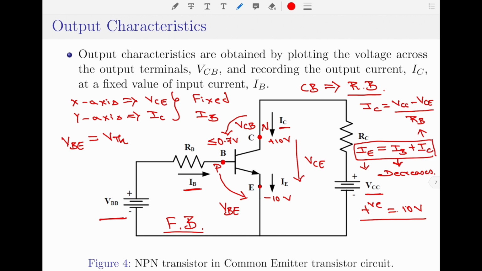Let us now discuss what will happen if the value of IB is increased. The answer for that is pretty simple. Recall the equation that relates the output and input currents for common emitter configuration. We know that IC is equal to beta IB. So, now if I increase the value of IB, as per this relation, the collector current should also increase.